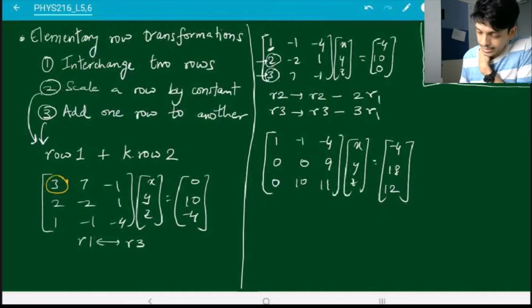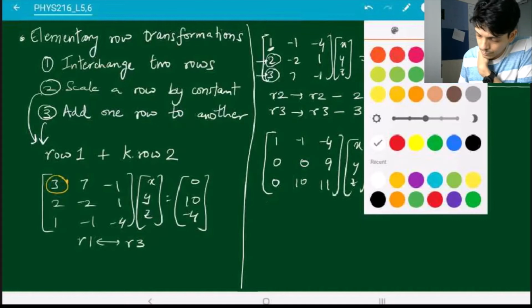Okay, the next step. In some sense, our first column has become very clean now. It has become 1, 0, 0. Now we want to do something similar in the second column also.